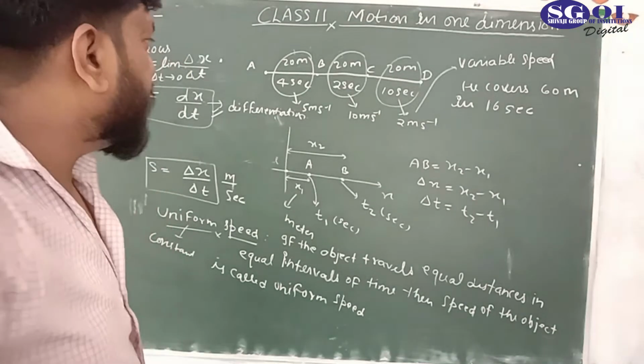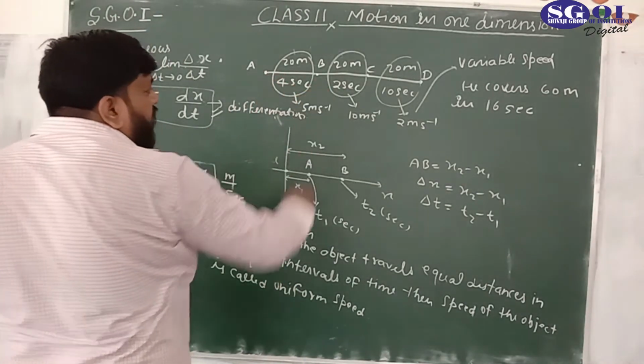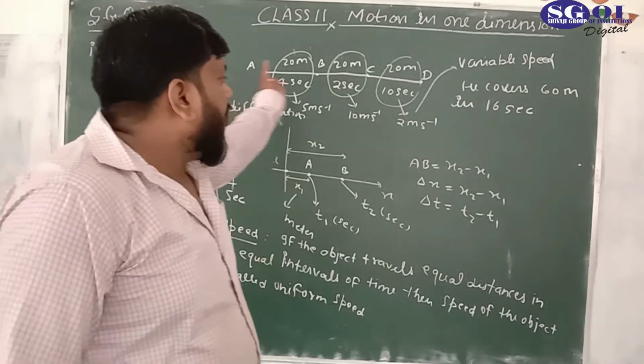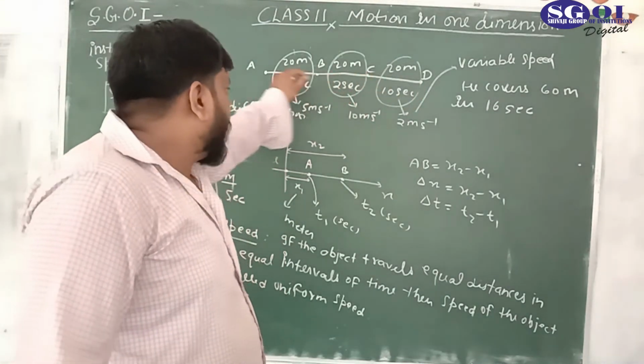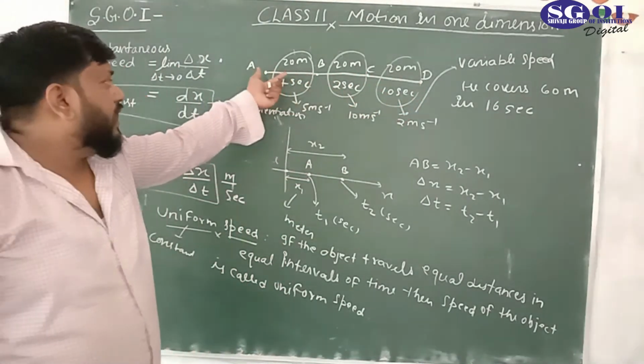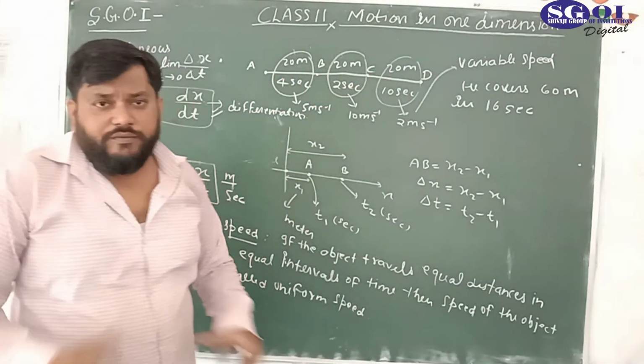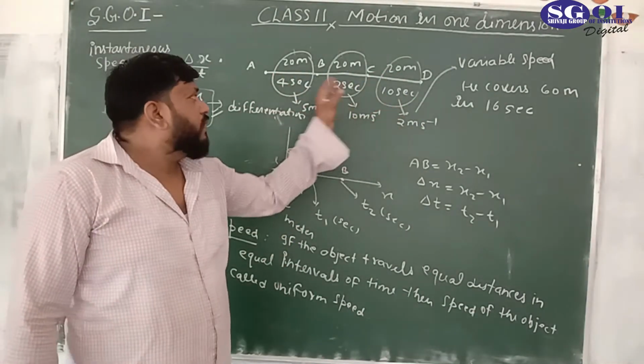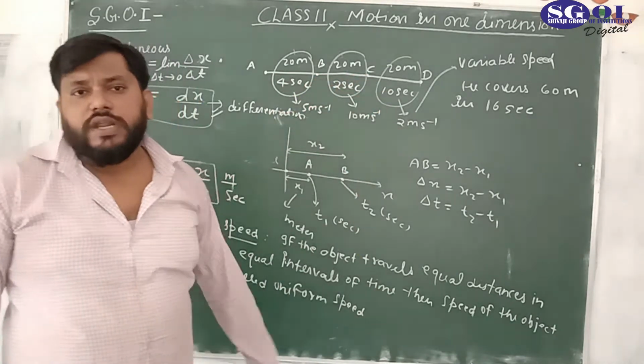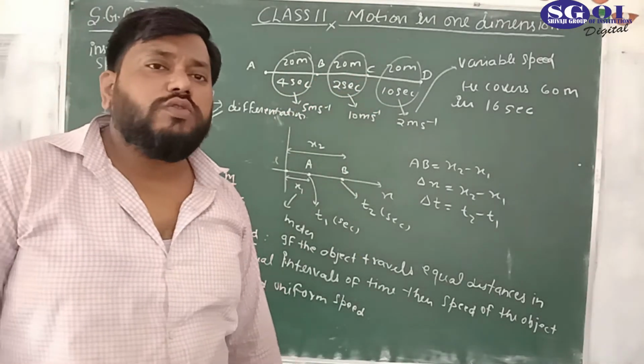When the object speed changes at each interval of time, then it would be difficult to find out the average speed of the whole journey. But here it is easy because there are a definite number of variable speeds, 1, 2 and 3. But when the speed is changing at every instant of time, then it would be difficult to find out the average speed.